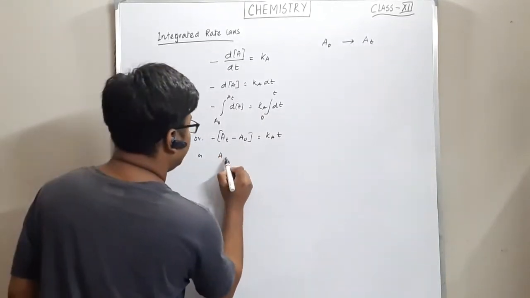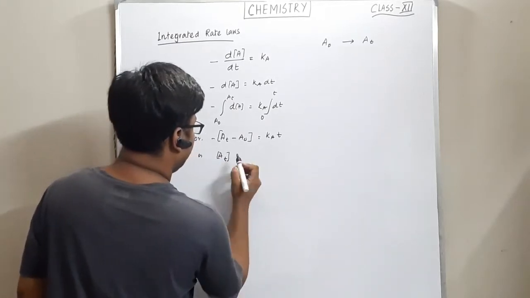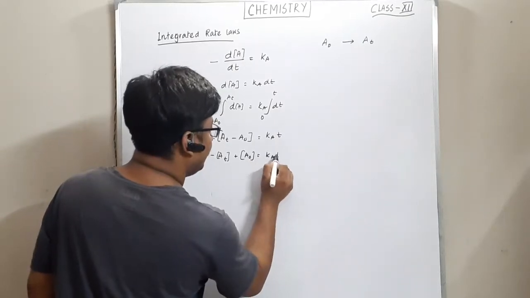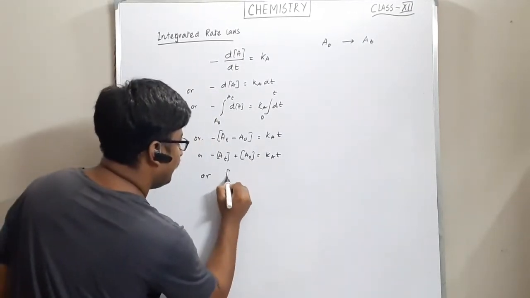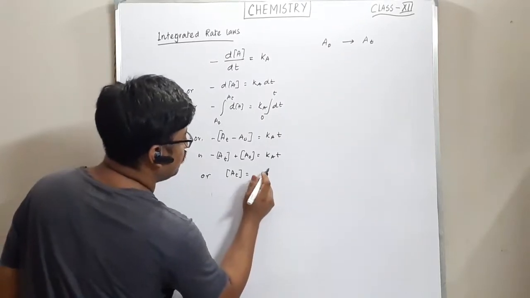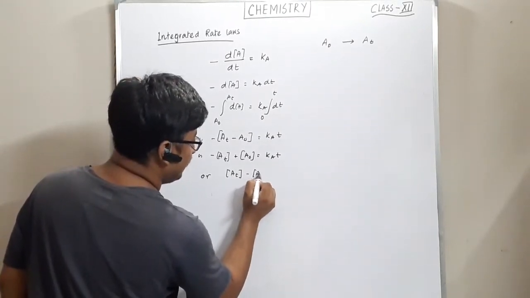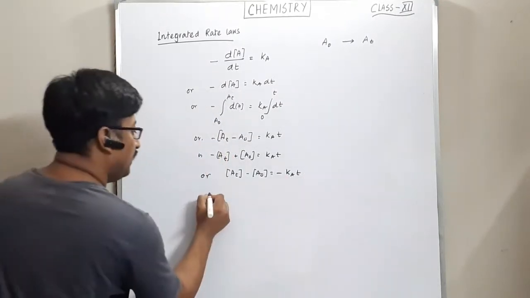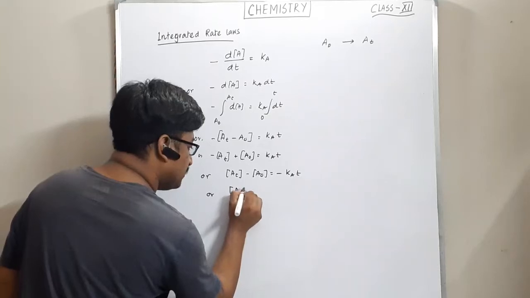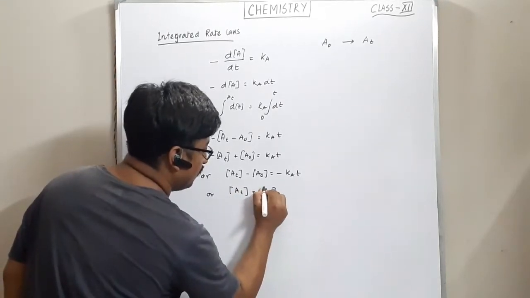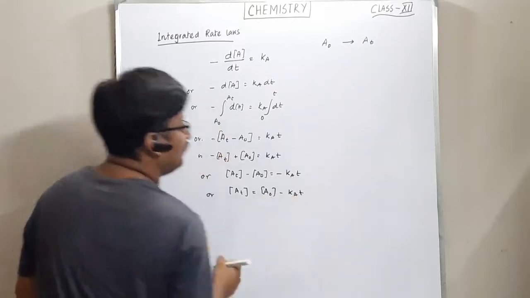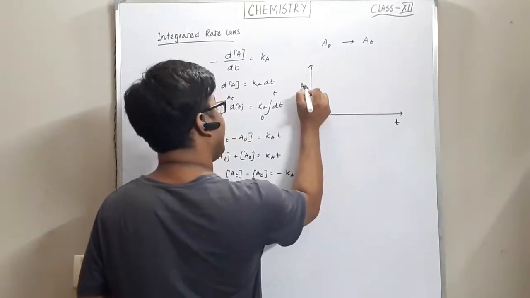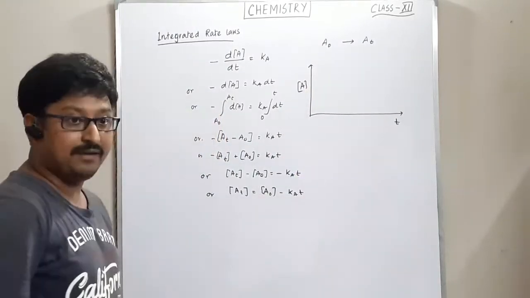Let's rearrange. At minus A0 is equal to minus Ka into t, so At is equal to A0 minus Ka into t. Now if we plot the concentration of A with respect to time, what will we get?